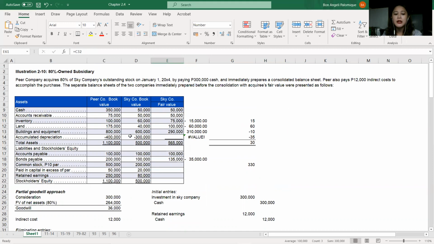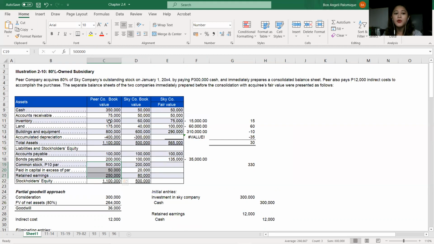Kunyari, ito yung given. Tapos, ang tanong lang sa'yo, magkano yung magiging consolidated common stock? So, with that, ang titignan mo lang agad is yung parent. Kasi under entity theory, i-eliminate mo rin naman to and ma-retain si parent. So, ito yung matitira.